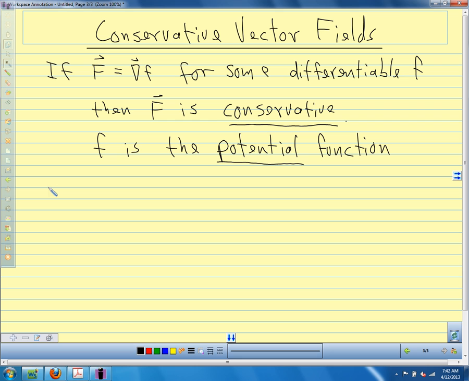So let's look at a quick example with a vector field.